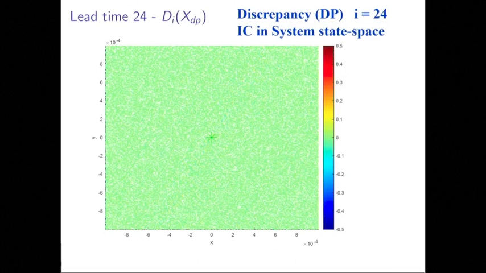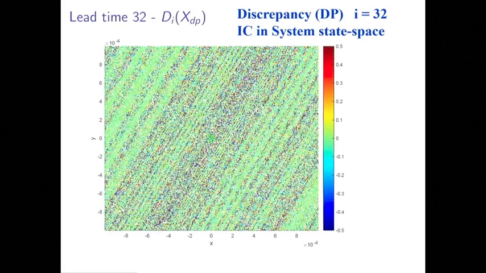It's the same machine. And if I iterate it ahead 24 steps, this is the discrepancy, the system minus the model, defined with initial conditions in the system space. And this is small. This range is about half the diameter of the whole range of the dynamical system. What I'm showing you is the distance between the 2 points that started as close to the double precision point as the single precision model could.